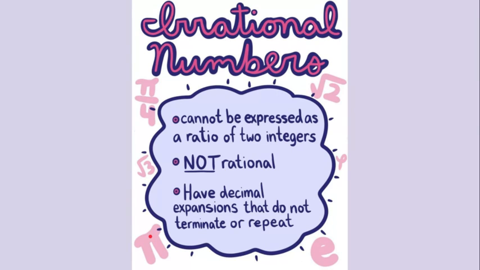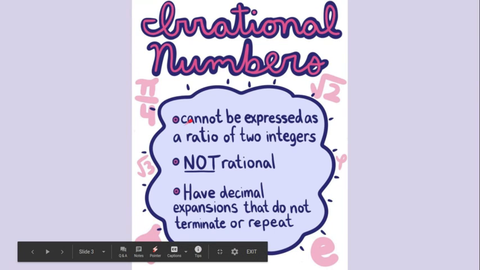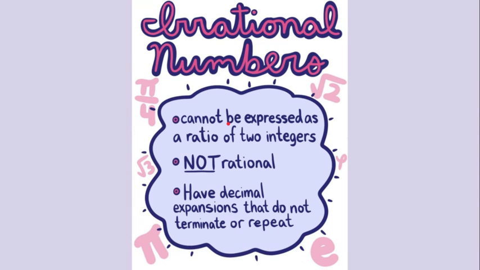So whenever you think of irrational numbers, think about pi and the fact that you know that pi is a non-terminating, non-repeating decimal, and that will help you remember what an irrational number is. Irrational numbers cannot be expressed as a ratio of two integers. They are not rational, and they have decimal expansions that do not terminate and do not repeat.